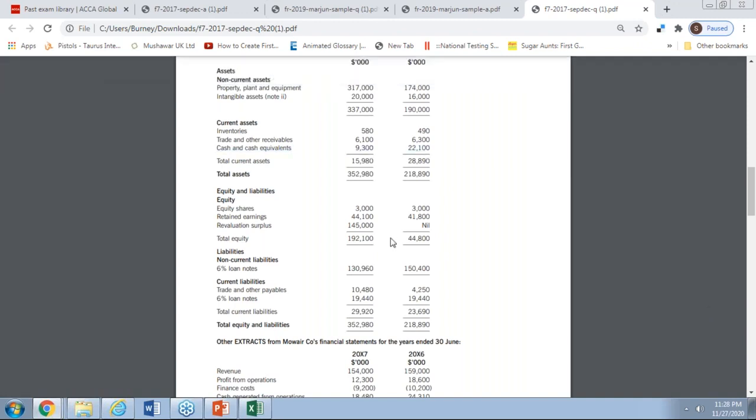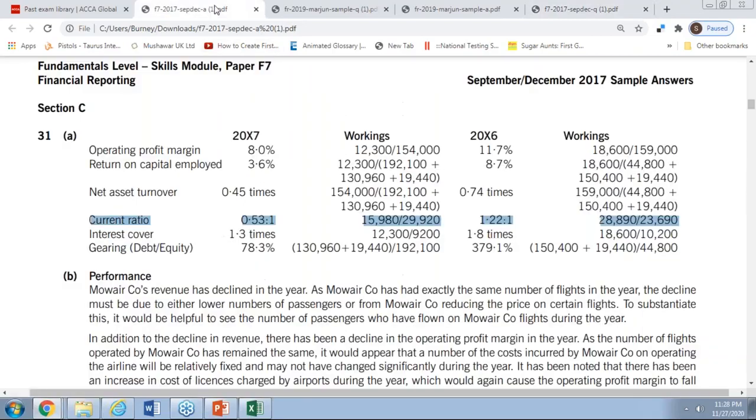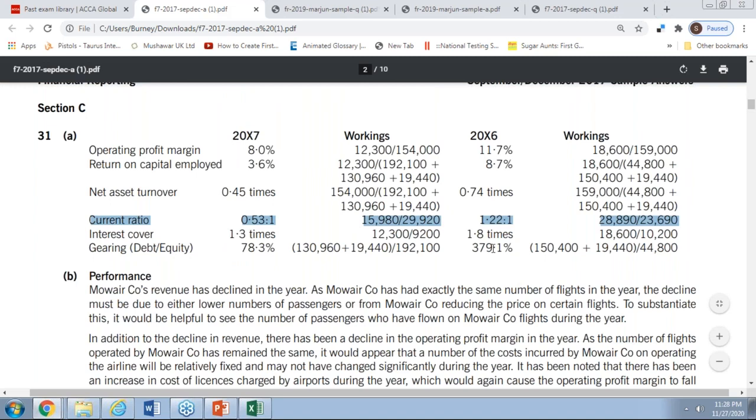And the second thing is a substantial increase in the trade payables. So these are the two parties responsible for the decline in the current ratio. And it shows that the company is facing a liquidity problem.